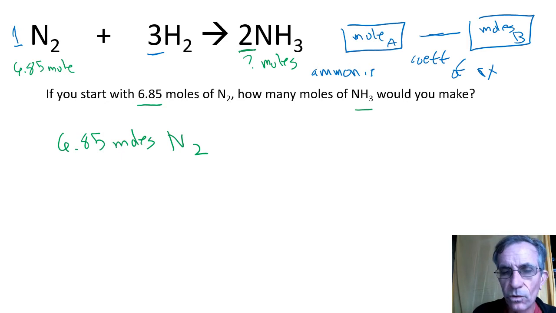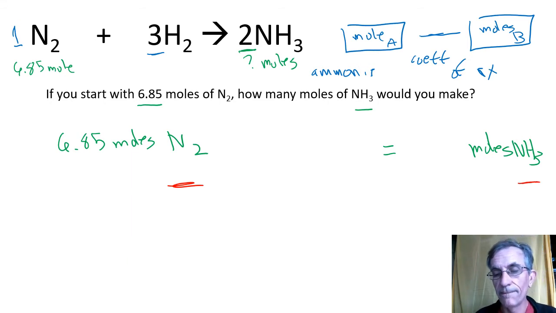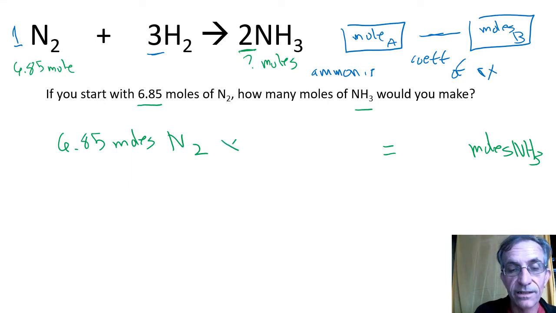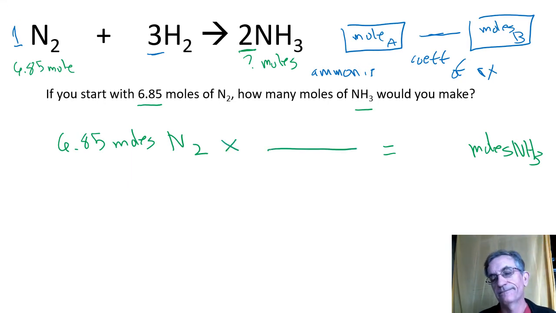How many moles of ammonia? We're solving for moles of ammonia. So we have our beginning number and unit, that's the amount of nitrogen. We have what we're going to, ammonia. And the way you get from moles of one compound to moles of another, you use your coefficients. All right. So how did that work again?